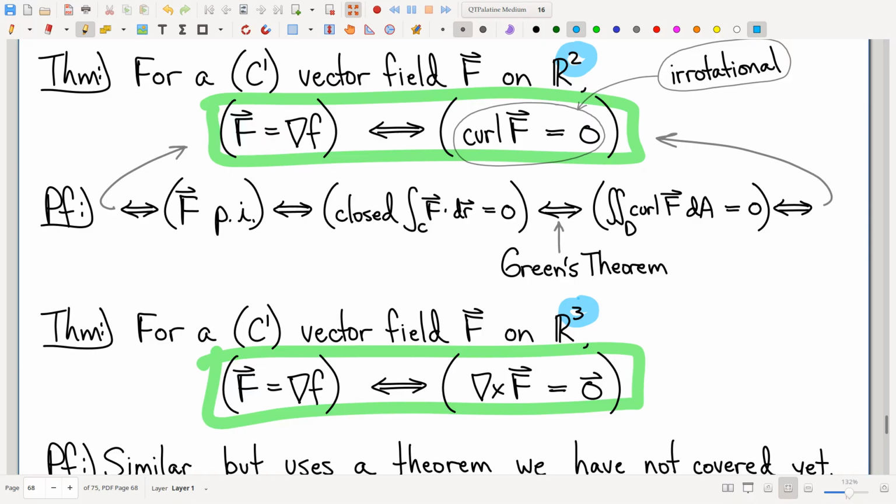Why does this work? The argument's very similar to what we have here. We just don't have a three-dimensional Green's theorem yet to be able to make such an argument. But we will very soon have a three-dimensional Green's theorem, and then I'll be able to do an argument that's morally equivalent to what we did up here. That's coming pretty soon. But I do want to go ahead and get the tool in our toolbox while we're at it.